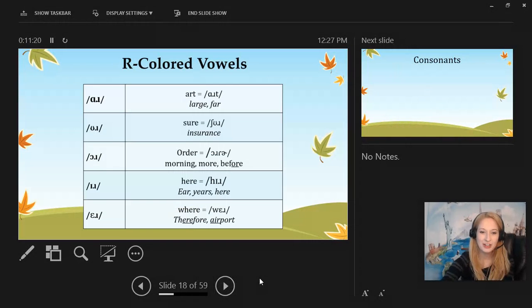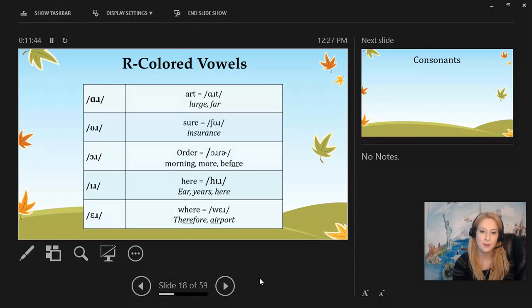And we have our R-colored vowels. So we have the AR, and it sounds like R, as in art, large, far. The second one sounds like were, like sure, insurance.